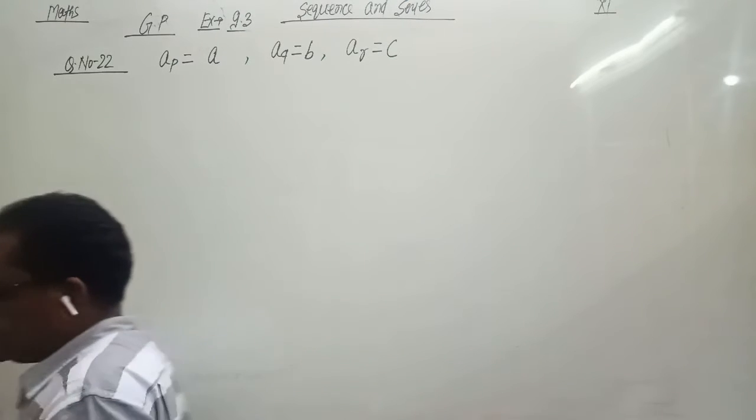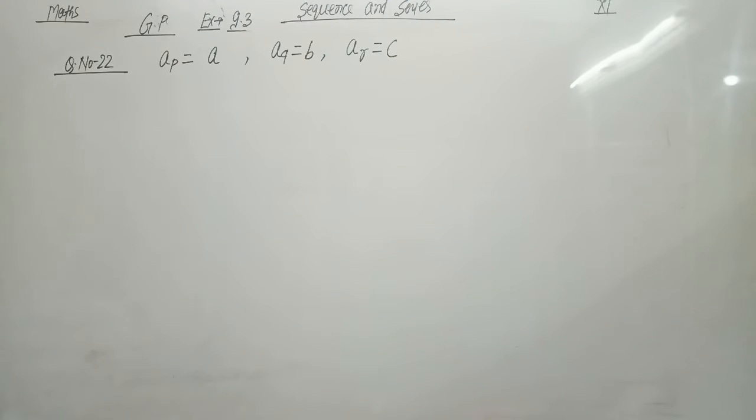We have given the pth term of the GP is a, the qth term is b, and the rth term is c.